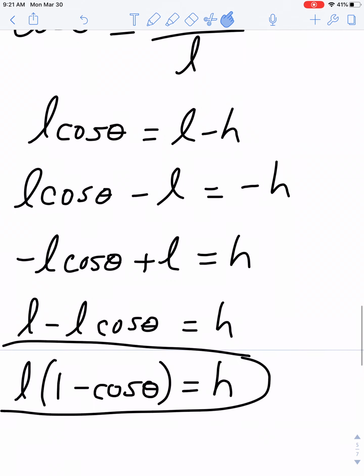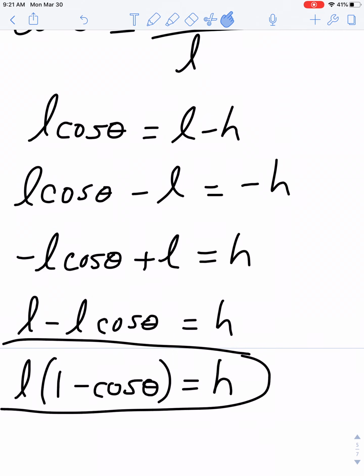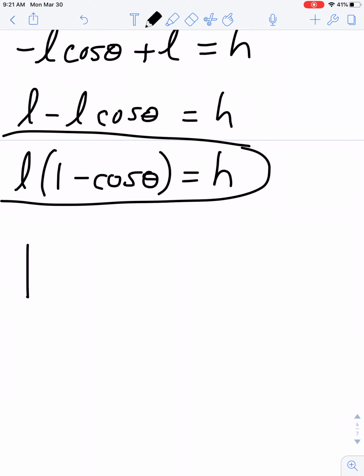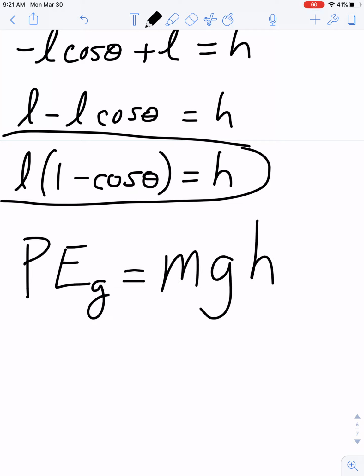And that is very useful because it's in terms of the two things we're likely to know, the length of the pendulum and the angle or the displacement of the pendulum, okay? So that's very good, and now we can go ahead and remind ourselves that we're using this in an energy formula for gravitational potential. So we know that the gravitational potential is mgh.